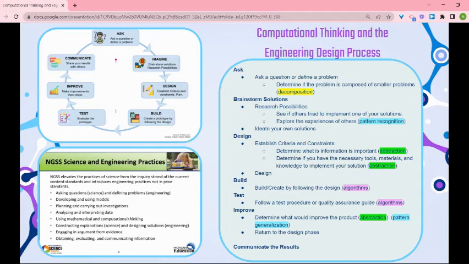And I just wanted to recognize the specific standards for Next Generation Science Standards around engineering practices, because if you are trying to connect these to standards in your classroom, the engineering design process is clearly embedded in Next Generation Science Standards, and computational thinking is embedded even deeper into the engineering design process.